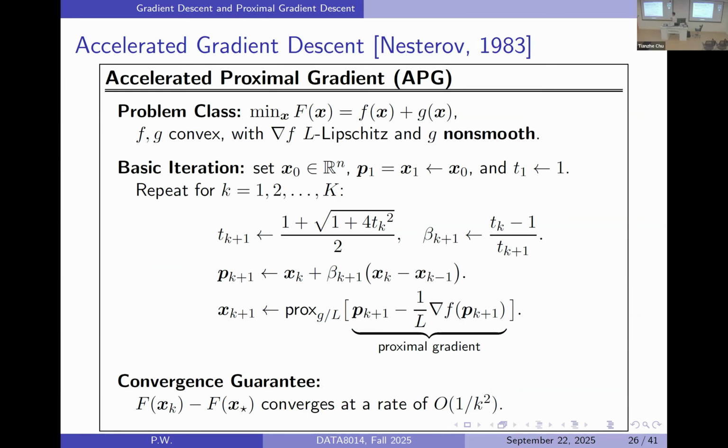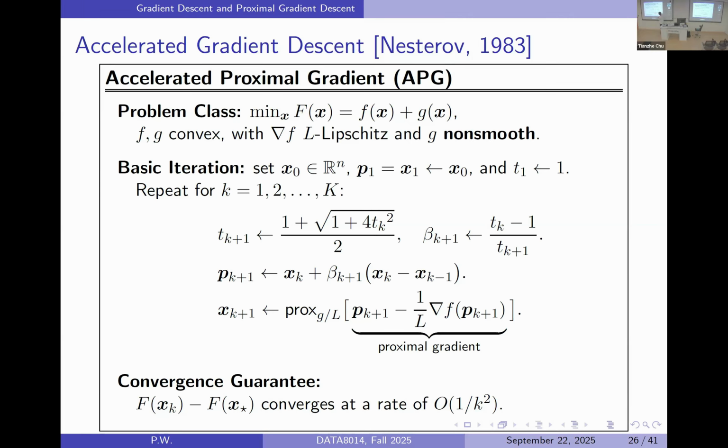Here are the whole details of accelerated gradient descent in Nesterov's paper. The function class we consider is composite functions: a convex smooth function plus a convex, possibly non-smooth function. The basic idea is to construct an auxiliary point, and then iterate with the proximal step.